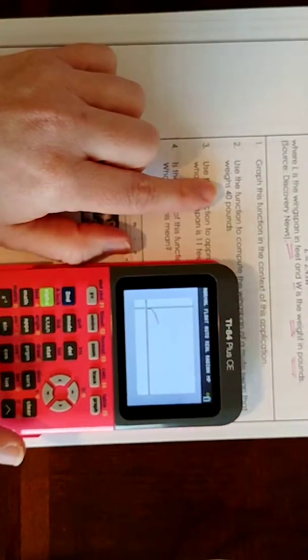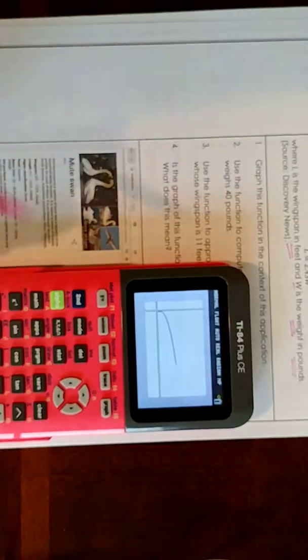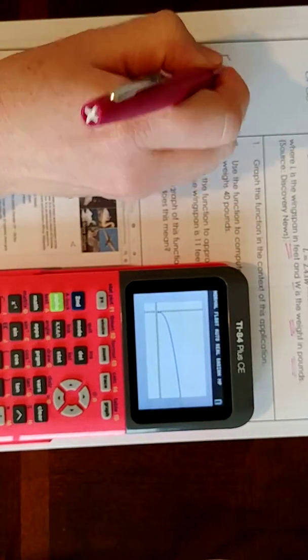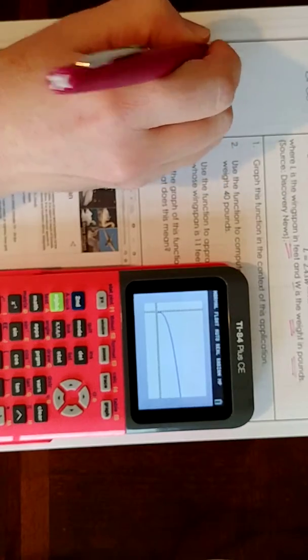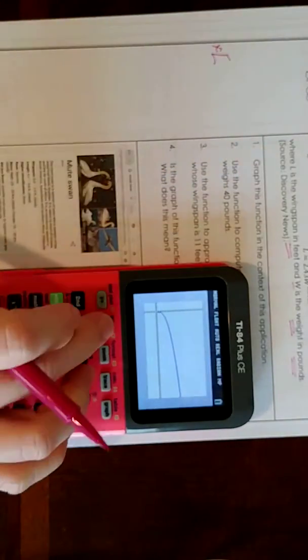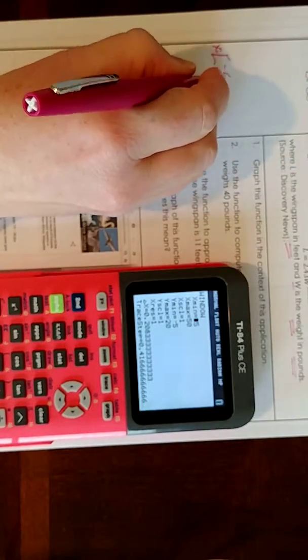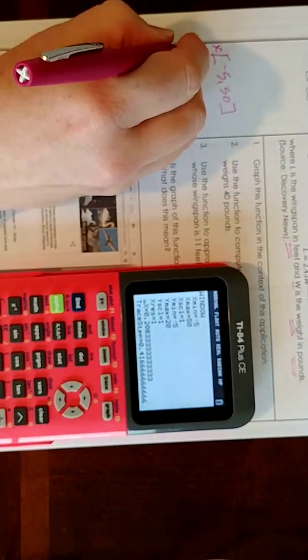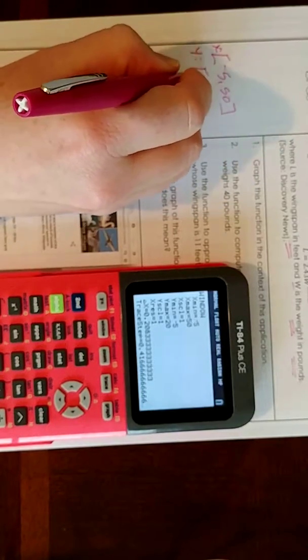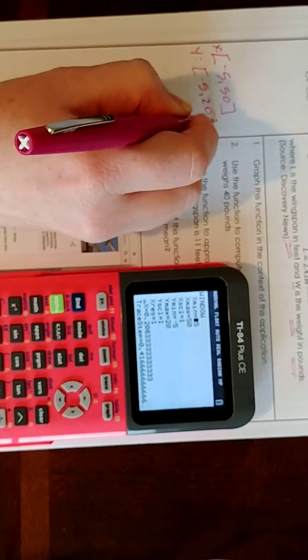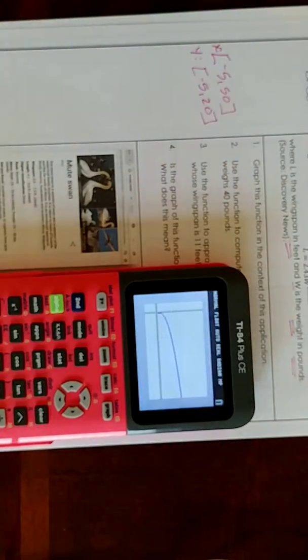Let's see what this graph looks like. Now I can see the whole graph.